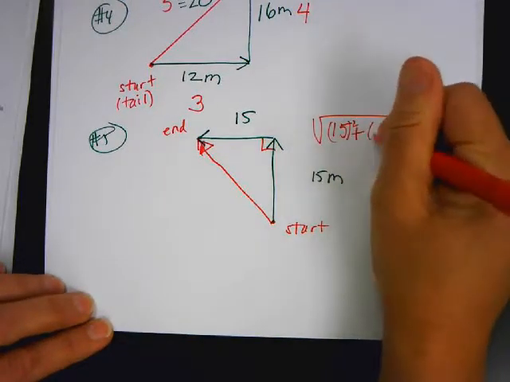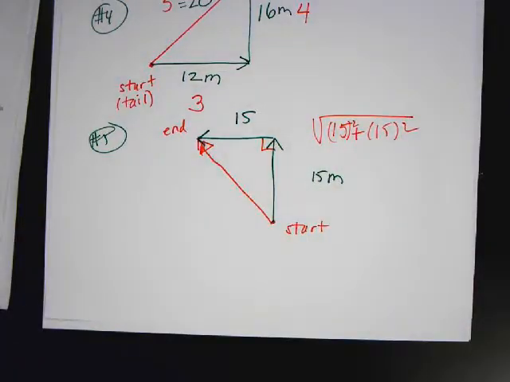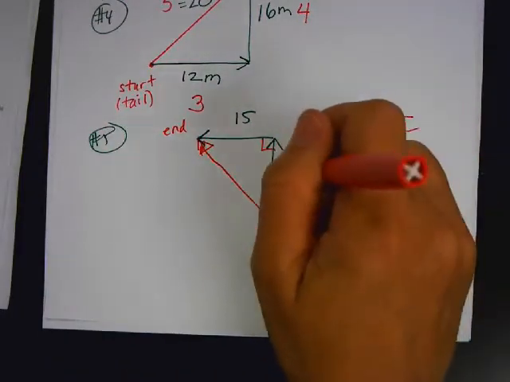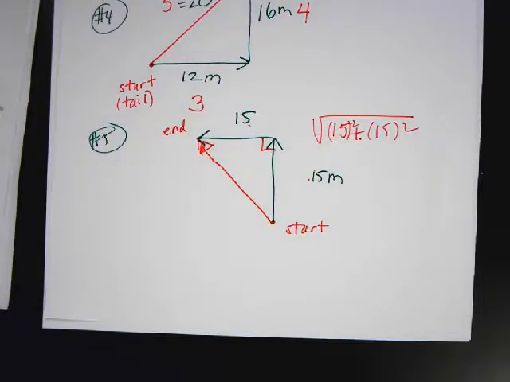So 15 squared plus 15 squared. Maybe you were tired when you did the quiz. I'm not really sure. But some of you missed every single one of these because instead of using the Pythagorean theorem, you just added the two sides of the right triangle. And honestly, that's not really physics, right? I mean, again, could this be a possible ACT type question? Absolutely. Absolutely. All right, so let's go to number 6.